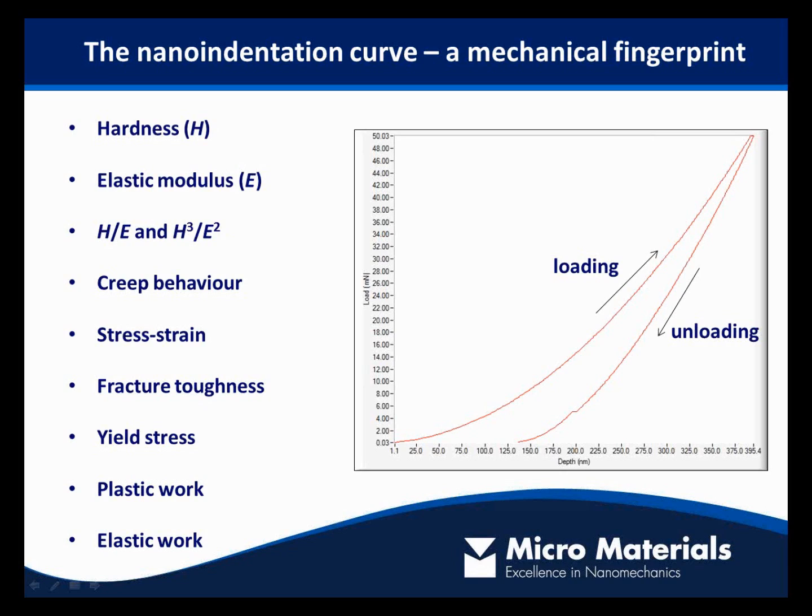And when we unload, we get some elastic recovery in that material. And that elastic recovery, that hysteresis in the curve, depends on the hardness and the modulus of the material as well. So that's why you can think of it as a mechanical fingerprint. On a very hard and elastic material, such as an amorphous glass or a hard carbon coating, we typically get a very high degree of recovery, which relates to a very high ratio of hardness to modulus in the material.